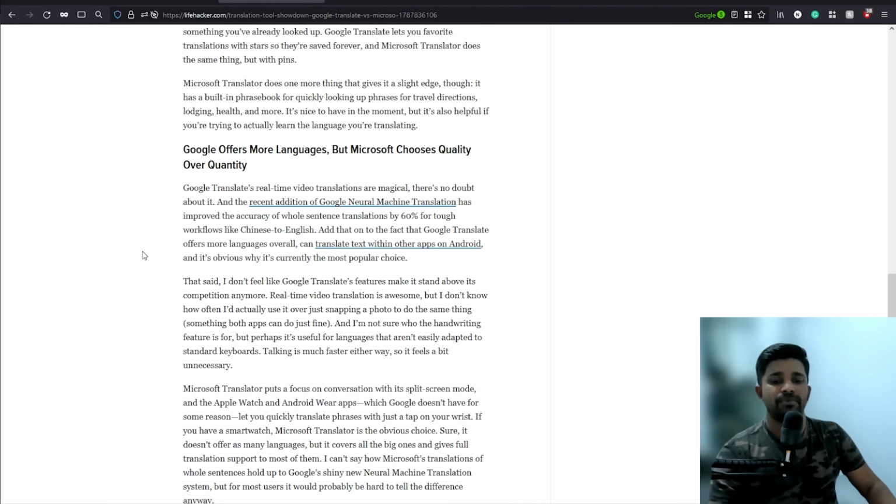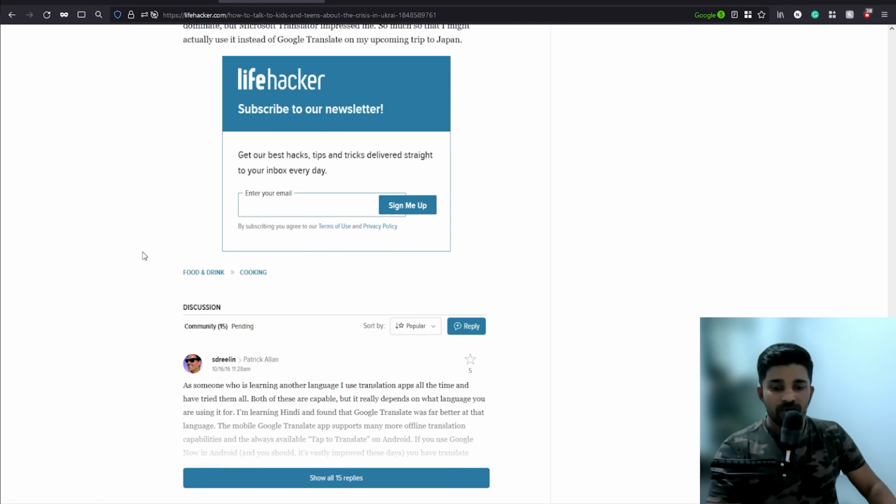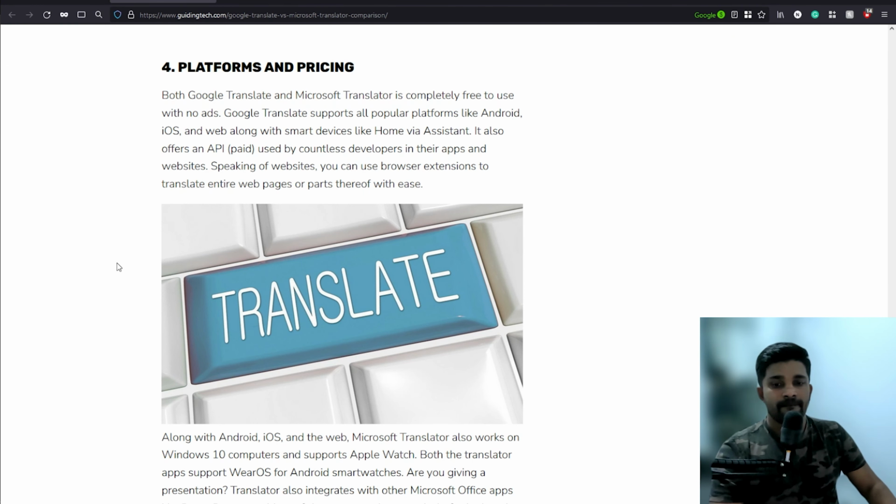Let's look at some of their pricing model. So let me scroll down. The pricing model for Google is that it offers translation for free for personal use. So if you or I were to go onto their website or their app and use their services, it's free for us to use.